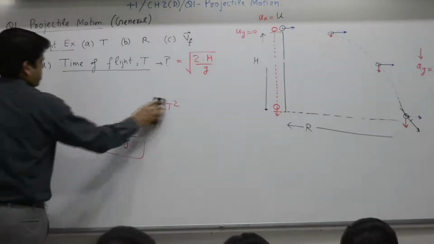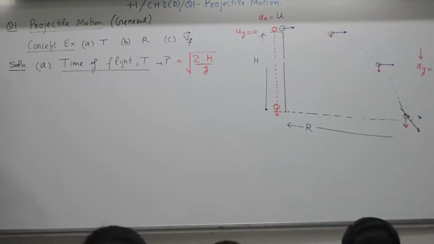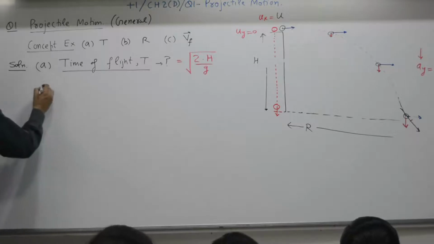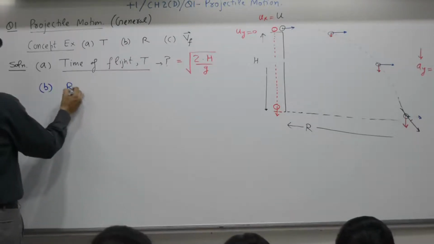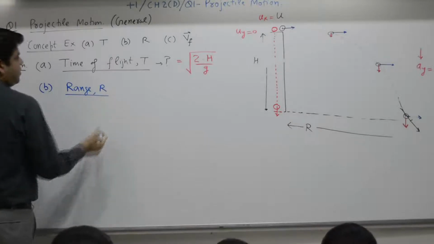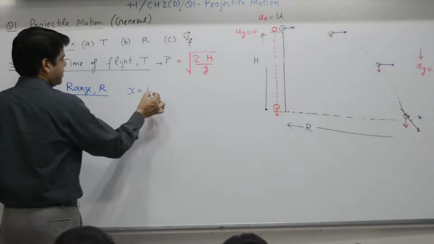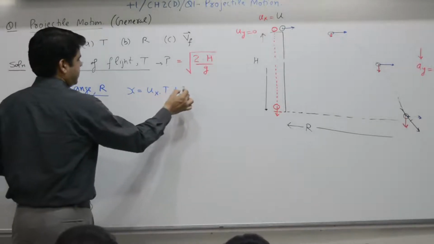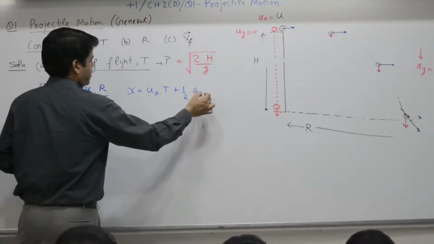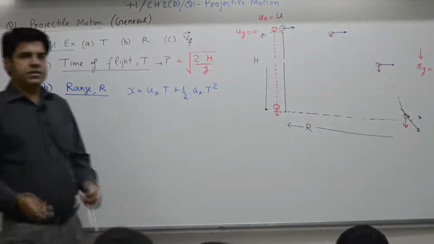And range, a horizontal parameter. For horizontal analysis, x is equal to ux t plus 1 by 2 ax t square. Apply this.